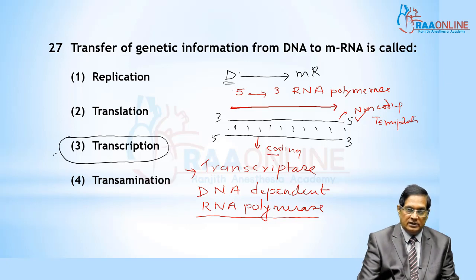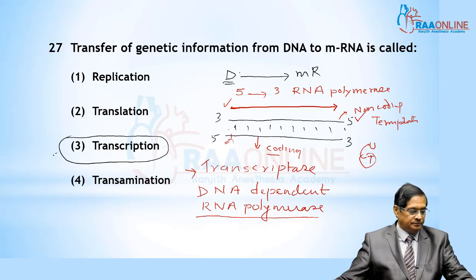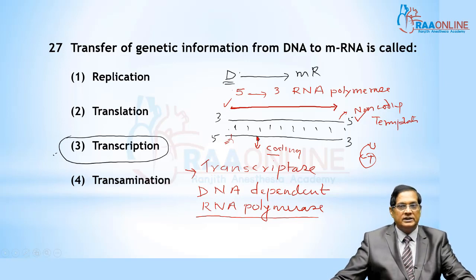So this is coding, this is template or non-coding. Because the base sequence of RNA resembles this strand, the only difference is that instead of thymine, uracil is present in RNA. That's all for the 27th question.